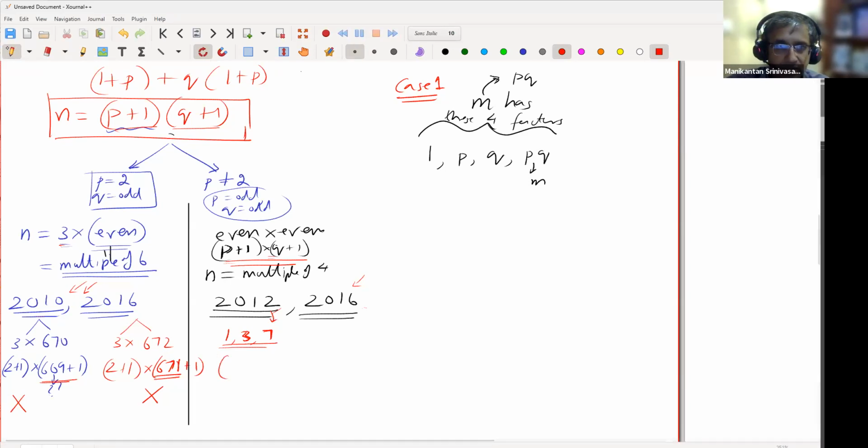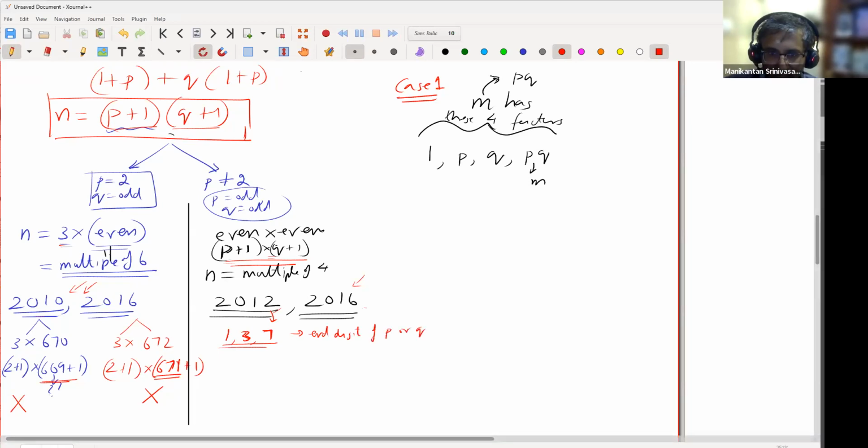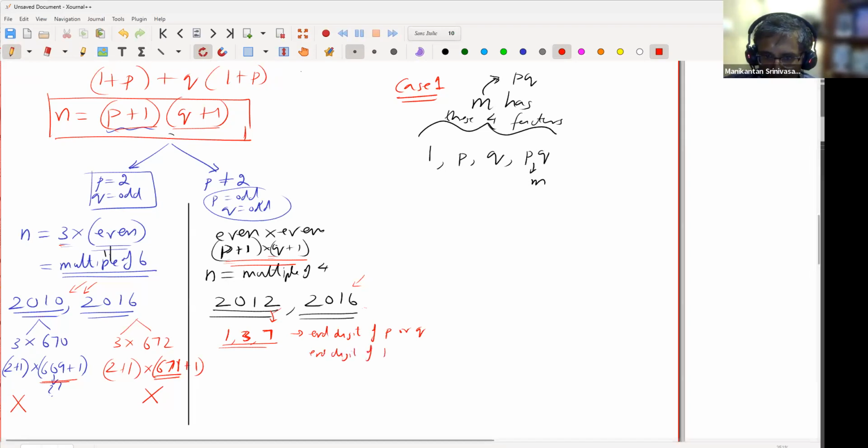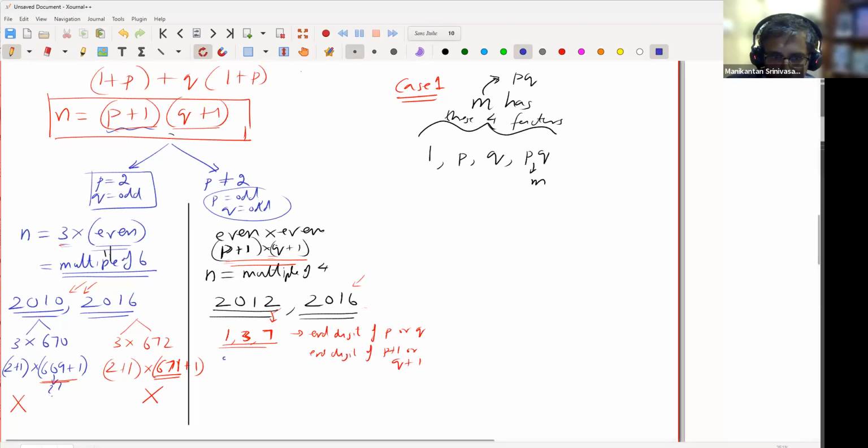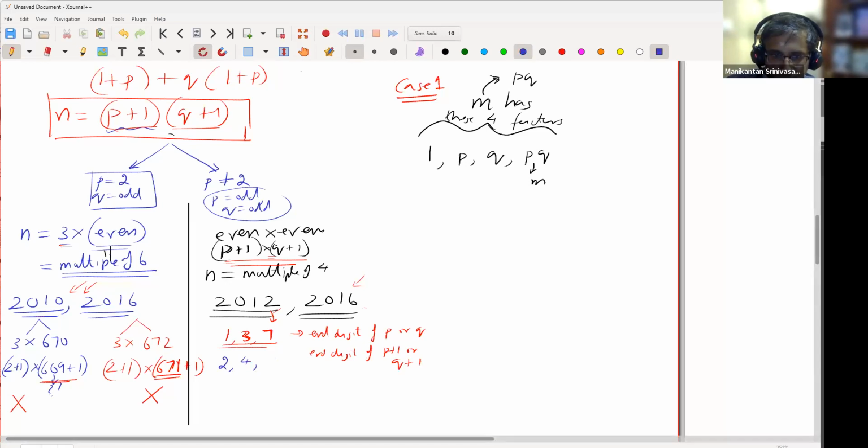These are the ending digits of P or Q. Which means the end digit of P plus 1 or Q plus 1 would be one more than these, right? So they'll be either 2 or 4 or 8.